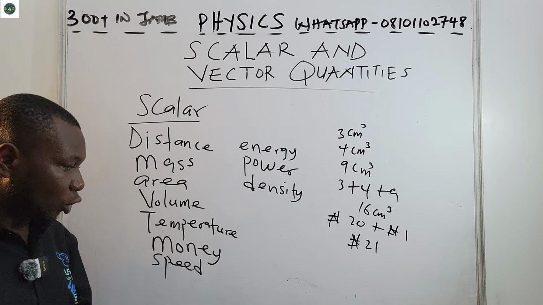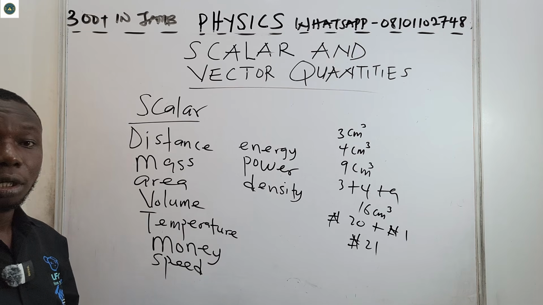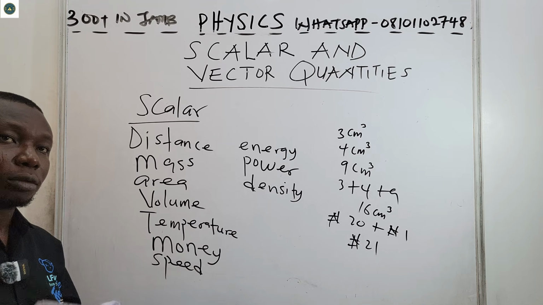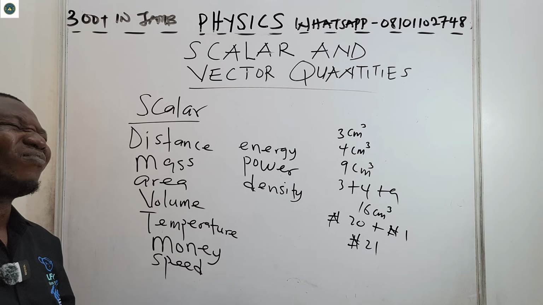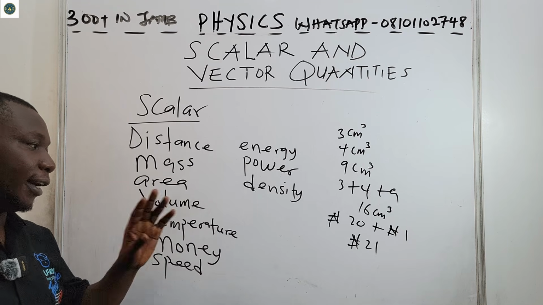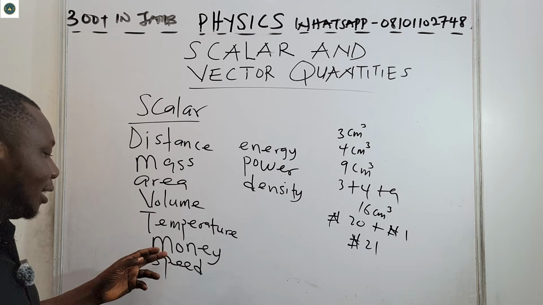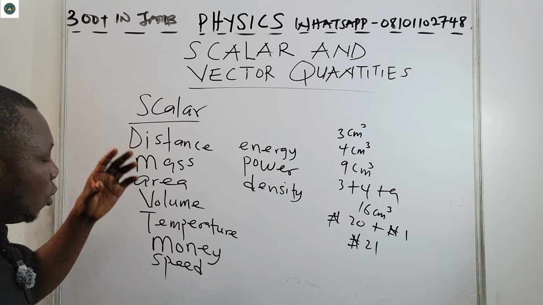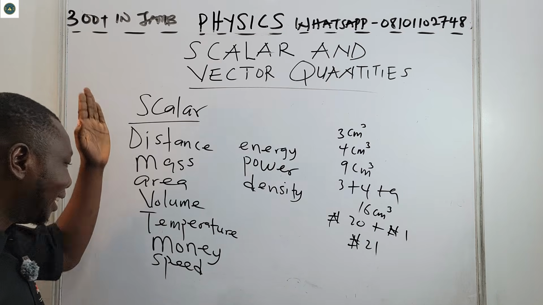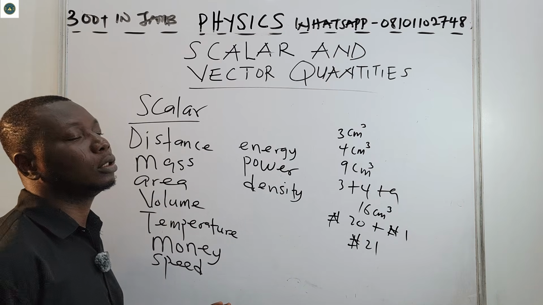They are just placed on the body of such an instrument to tell us the degree of hotness or coldness of that body. Then money is a legal tender used for transactions. So temperature, money, and speed are all scalar quantities.